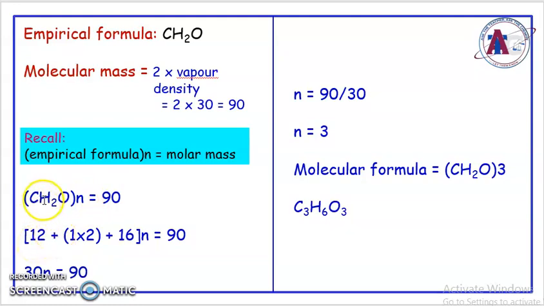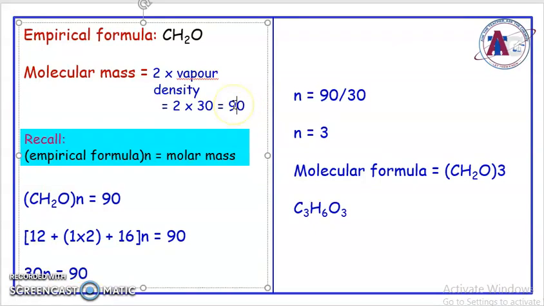Plus the atomic mass of hydrogen is 1. We put 1 times 2. This atomic mass was given to you in location, so nothing to bother. Then times 2 plus atomic mass of oxygen is 16. If you add everything and multiply by N, it should give you 90. That is what it means. Now, it should give you 90.